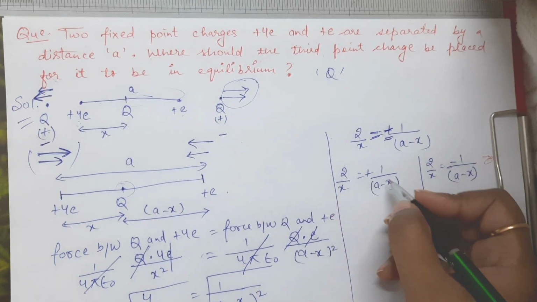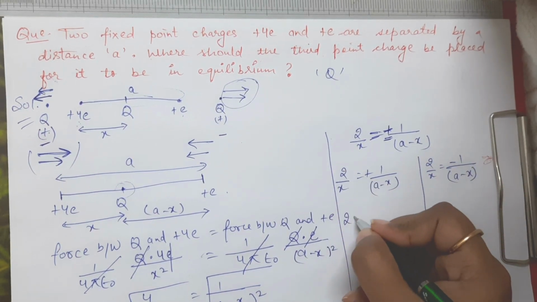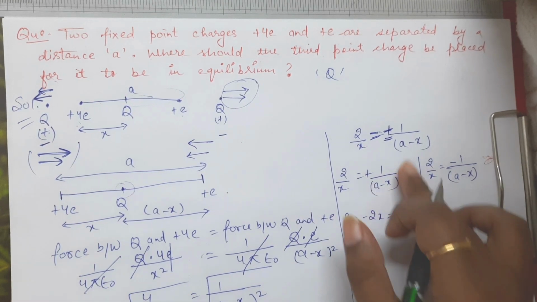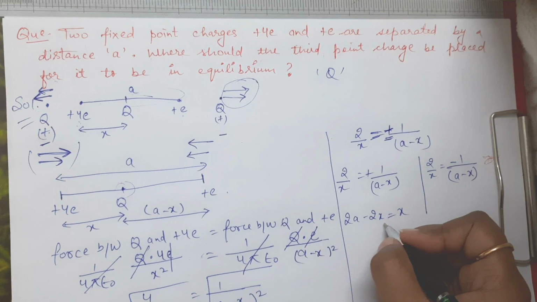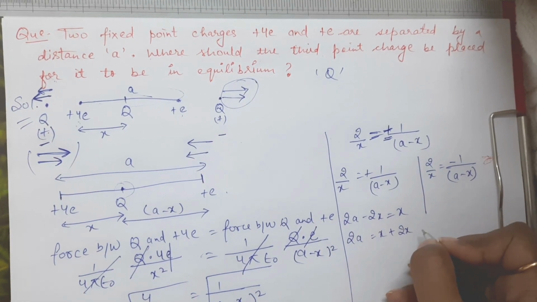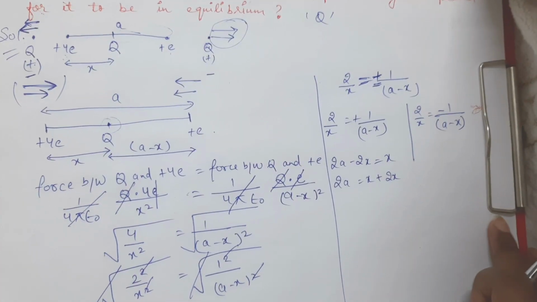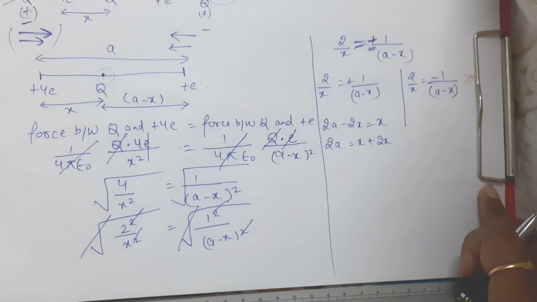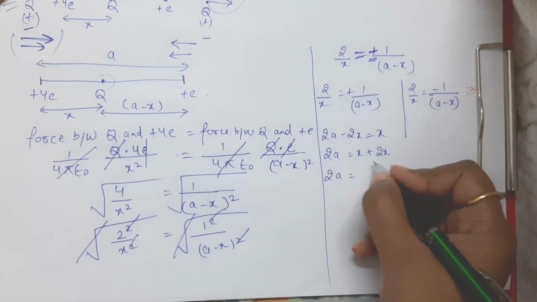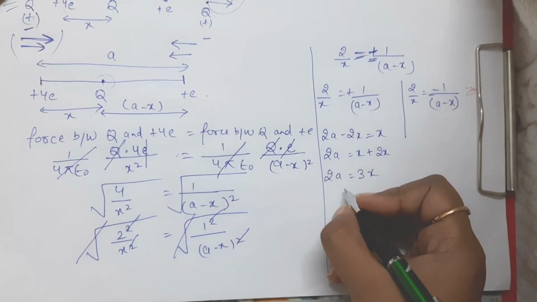Now in this case, cross multiplying, 2a minus 2x will be equal to x. So here we will be left with 2a equals x plus 2x, so 2a will be equal to 3x.